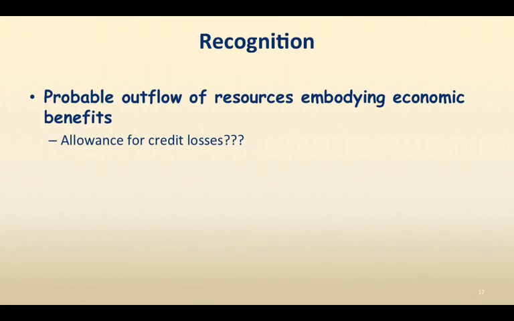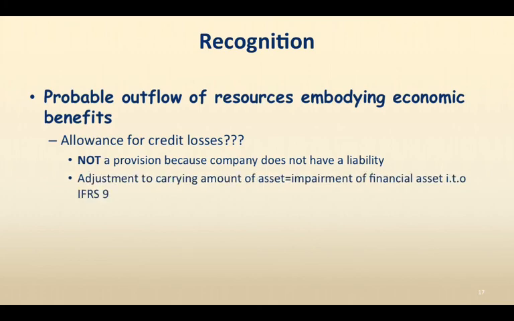Then, just an example, allowance for credit losses. It's not a provision because a company does not have a liability. It will be the adjustment to the impairment of the financial asset in terms of IFRS 9, which you will only learn in third year accounting.